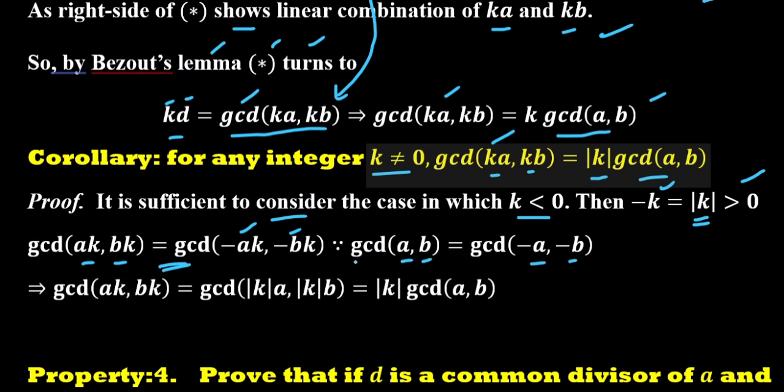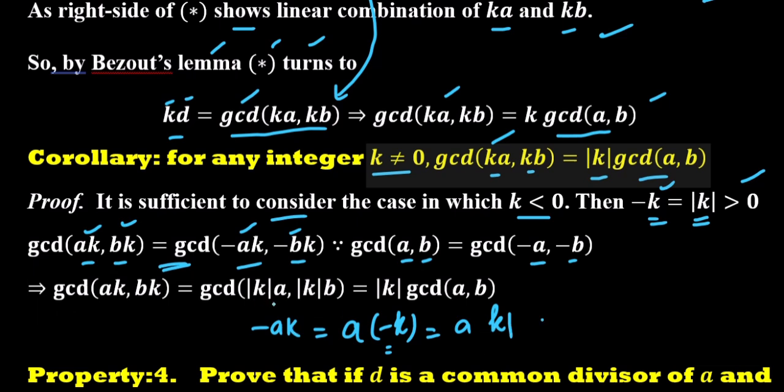So that's why GCD of ak and bk is equal to GCD of minus ak, minus bk. Now minus a times k can be written as a into minus k. As k is negative, minus k is equal to absolute k. So we replace minus k with its absolute value here. So this becomes a into absolute k. Similarly, this becomes b into absolute k.